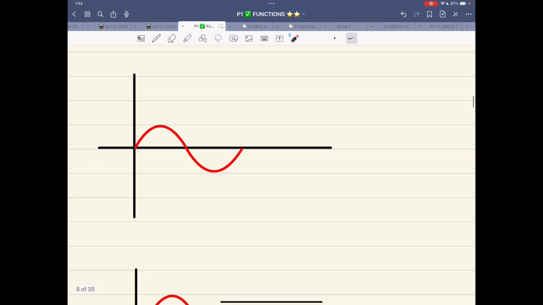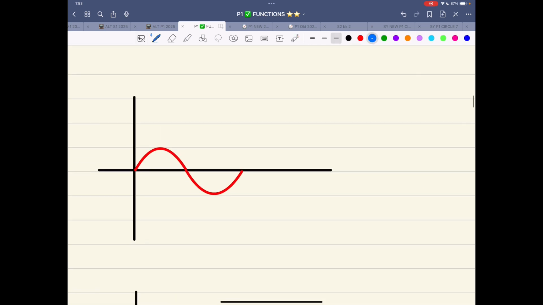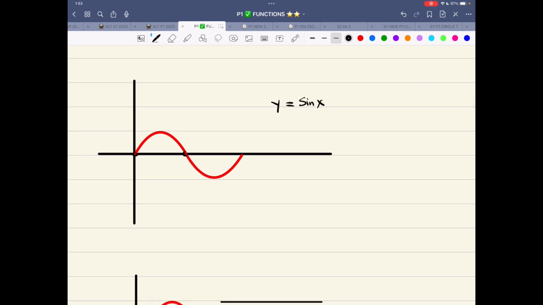Let me further re-emphasize it using trigonometry. So let me write over here, the graph of y equals sine x. This is 0, this is 180, this is 360. And the maximum occurs at 90. What is the maximum value? That is 1. So I'm focusing on the maximum, that is 90 degrees, 1.